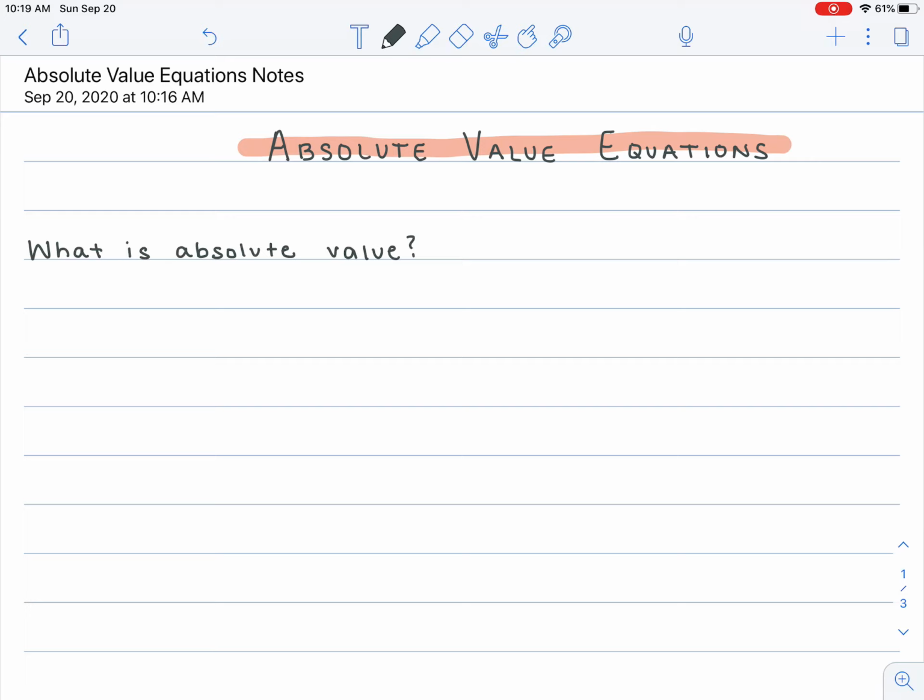What is absolute value? Absolute value is actually the distance a number is away from zero.